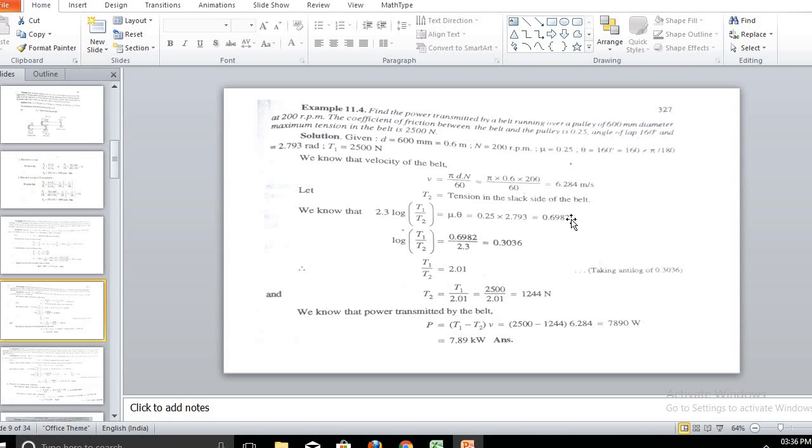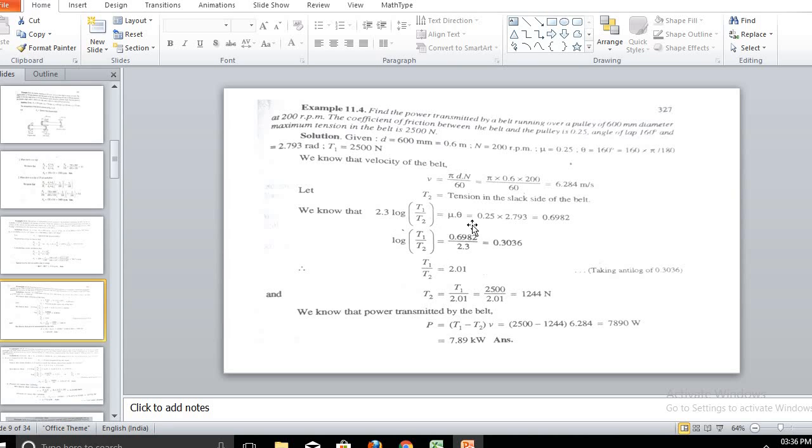In this formula mu and theta are given: 0.25 and theta 160 degree converted to radian, 2.793 radian.